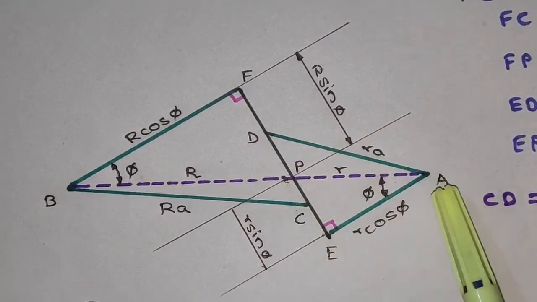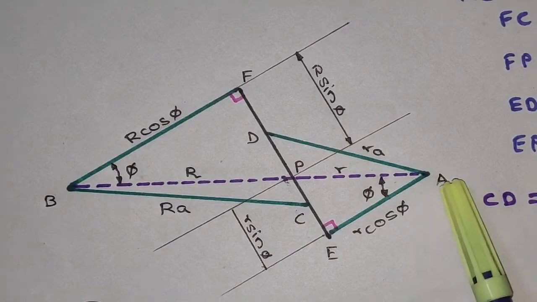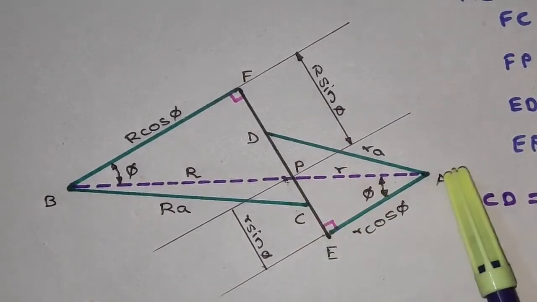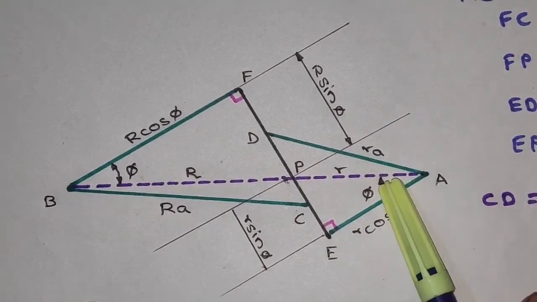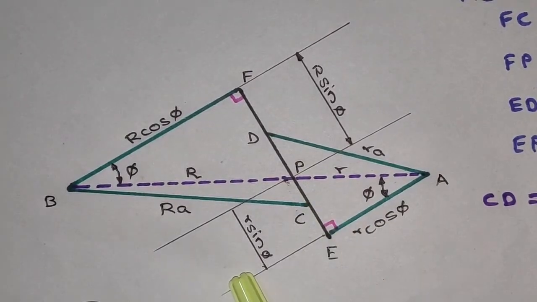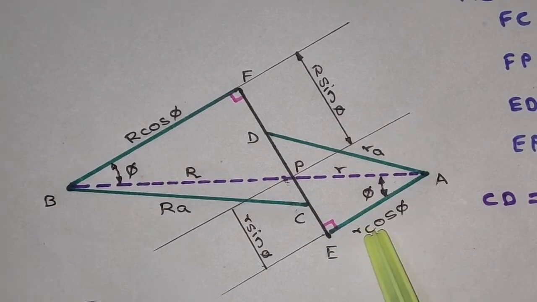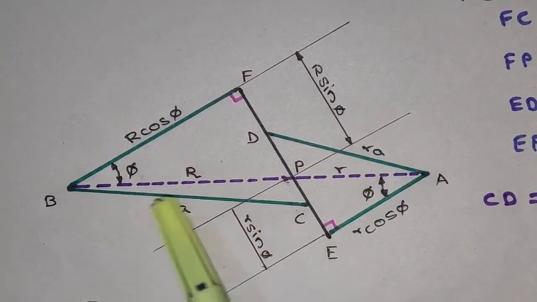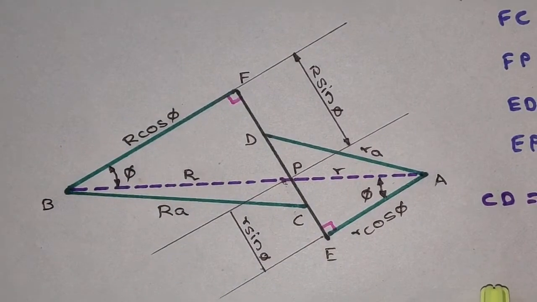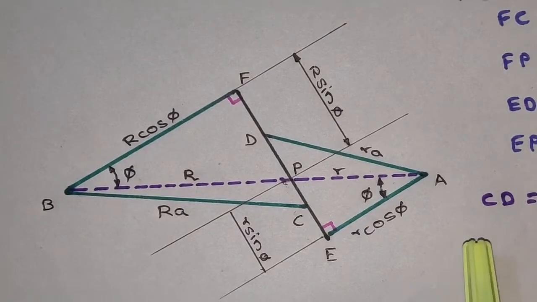Similarly, we have the triangle AEP, where AE will be r cos phi and EP will be r sin phi, in this case small r. For the smaller right triangle, we have small r as the denoting variable, and capital R is used for the larger right triangle. This is just the way to remember these similar triangles.